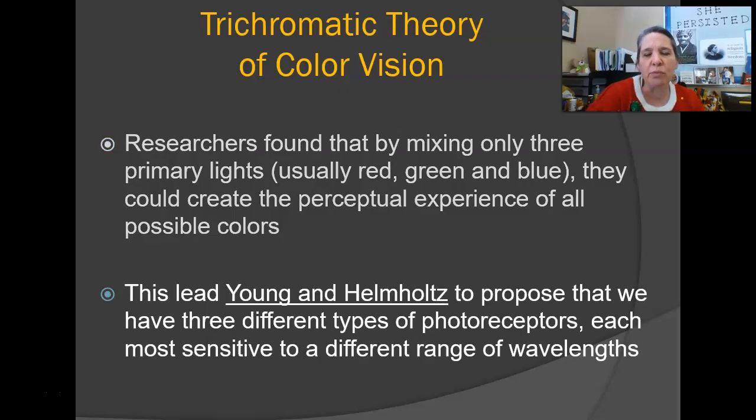Young and Helmholtz were the researchers that proposed this trichromatic theory of color vision. They said that because we have these 3 different types of cones that see specifically those 3 colors, each cone must be most sensitive to that particular wavelength of color.